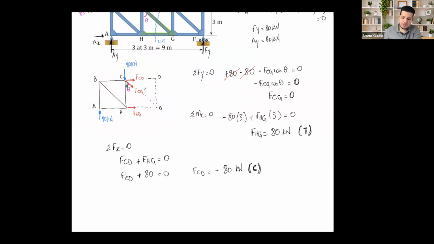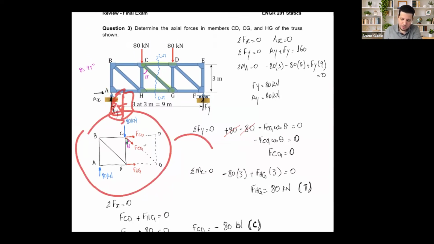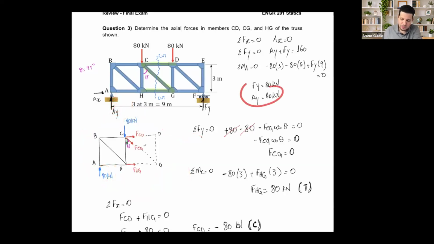This is different, for example, if AX was negative or AY was negative, I would come here and change this already to create a new free body diagram for my other problem. So this would be negative 80 already. For this case, I like to bring the negative to the free body diagram already.